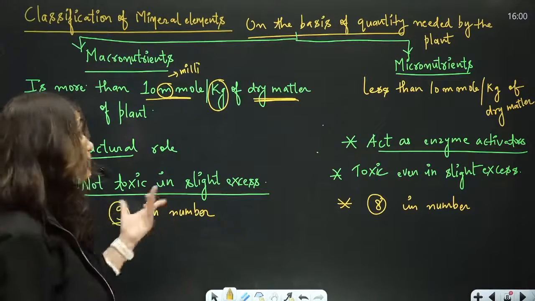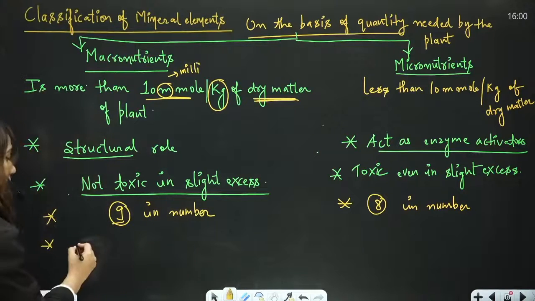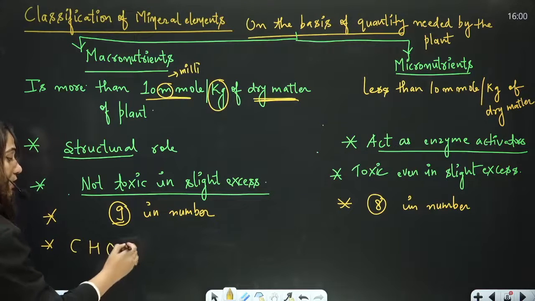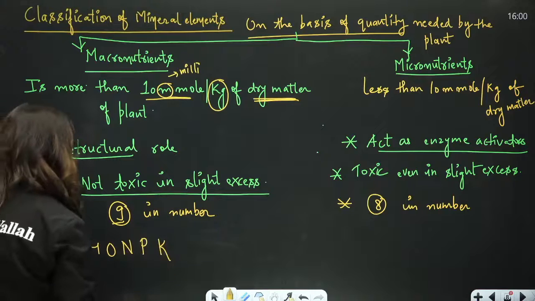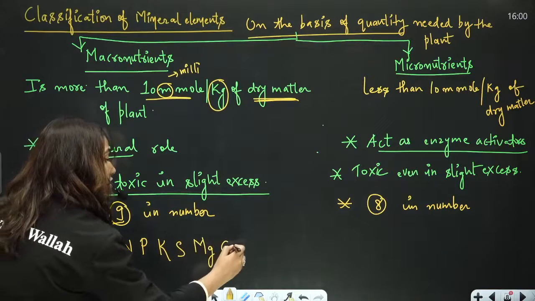Now let's see which are the macronutrients. The macronutrients are carbon, hydrogen, oxygen, nitrogen, phosphorus, potassium, sulfur, magnesium and calcium.